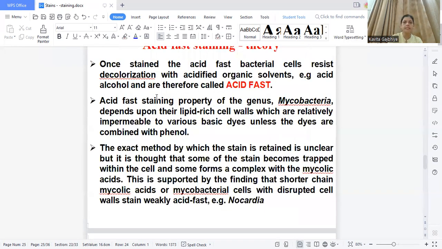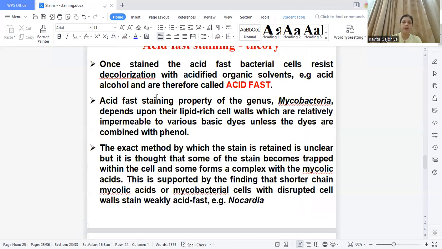Once stained, the acid-fast bacterial cell resists decolorization with acidified organic solvent, and that's why we say it is acid fast.